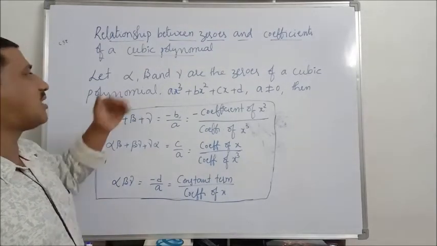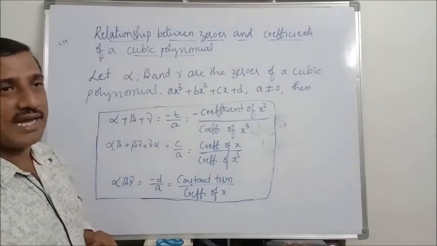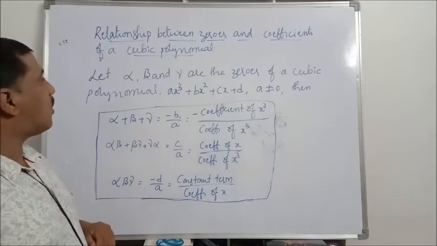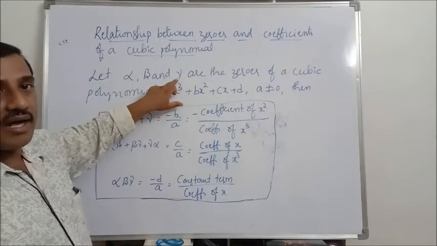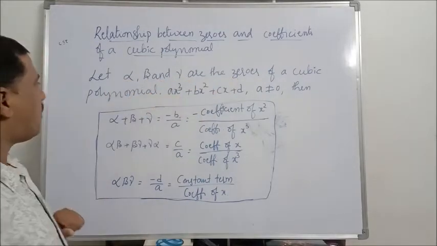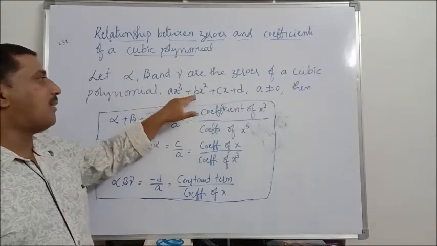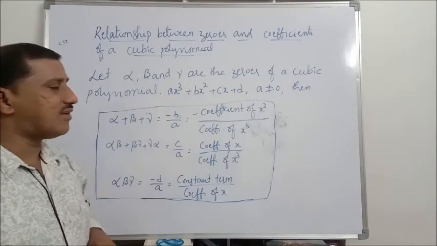Let the 3 zeros of the cubic polynomial ax cube plus bx square plus cx plus d, where a is not equal to 0, be alpha, beta and gamma. This is the third letter, gamma, a Greek letter.